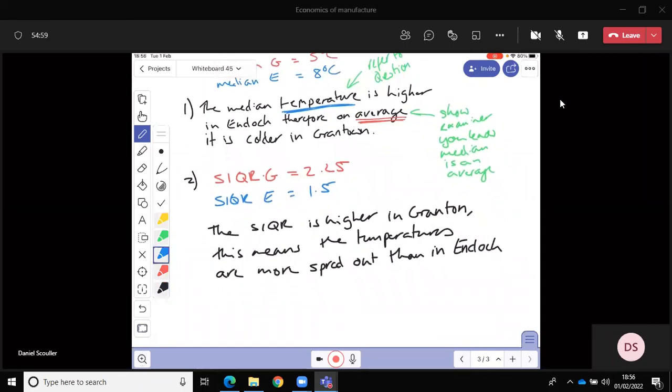Or you could say more spread out or less consistent. You can use either one of those lines. More spread out than Endok.